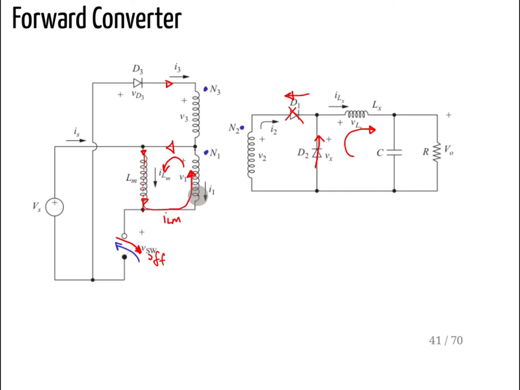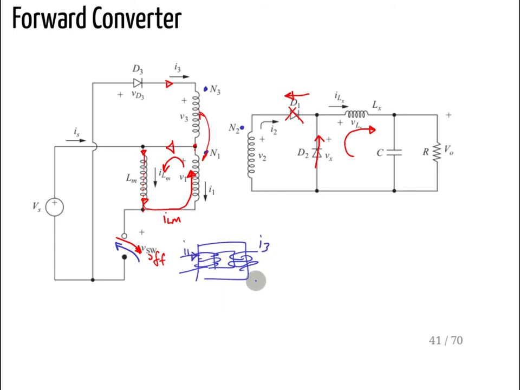You shouldn't think of it like a normal circuit. They are magnetically coupled, so you can think of I1 on one side and I3 on the other side.